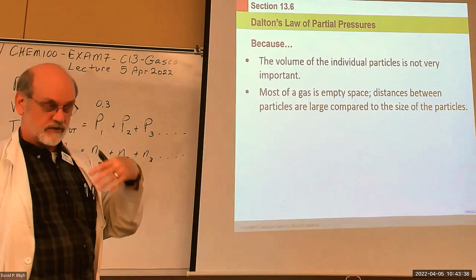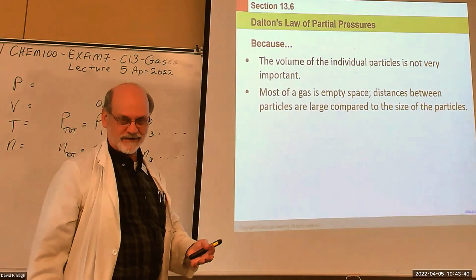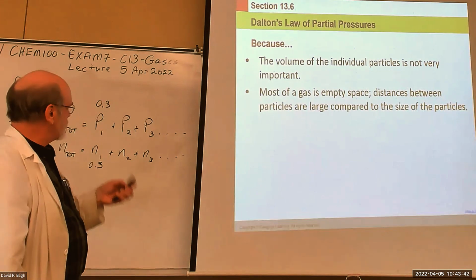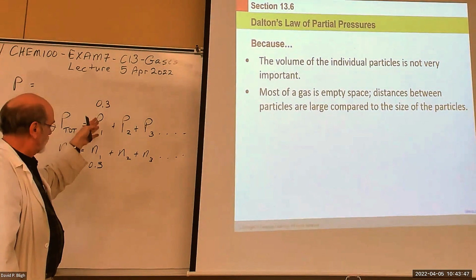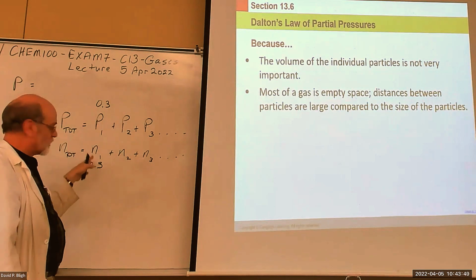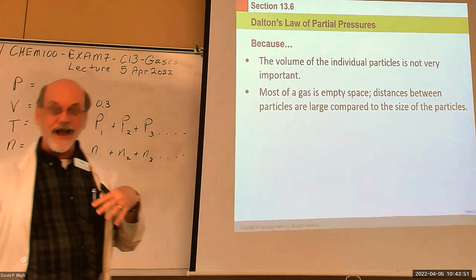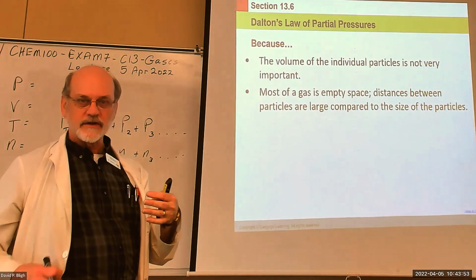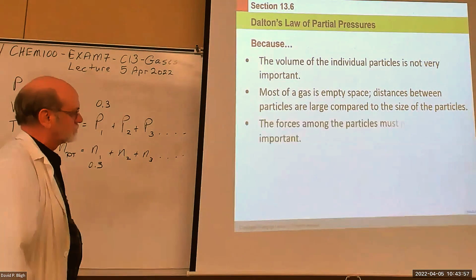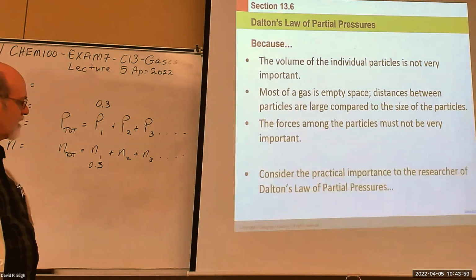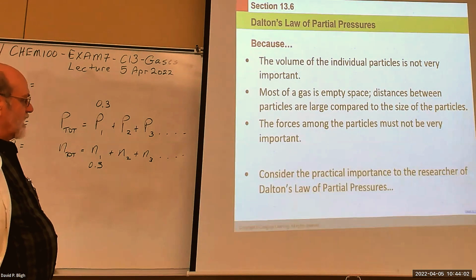Okay, that's a useful bit of information because it's easier to measure pressure than it is to measure moles. If you measure the pressure of this one relative to the total, you know that the fraction of the number of moles is related to the fraction of the pressures.